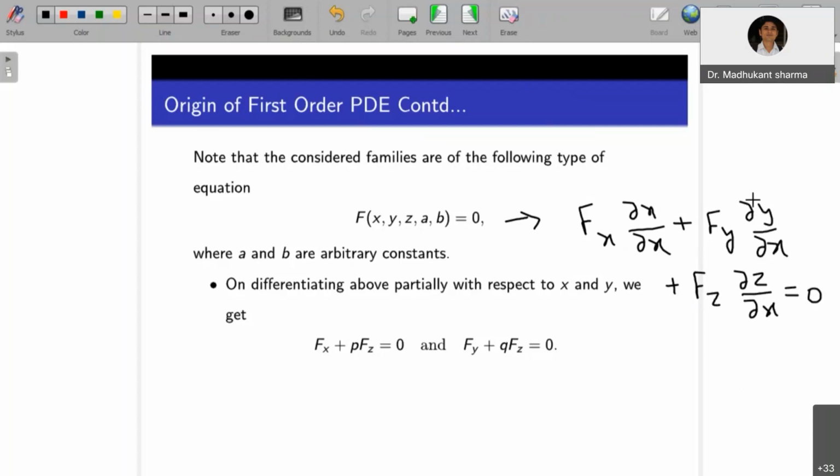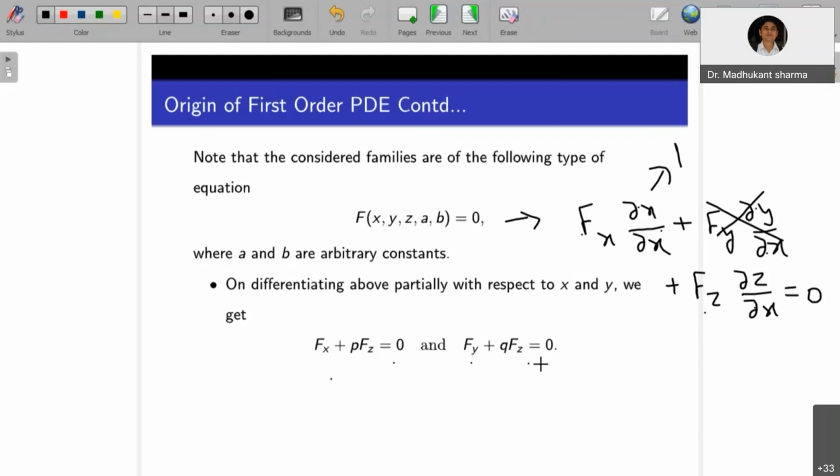Since y is an independent variable, its derivative with respect to x is 0, so this term will not be there. So f_x plus p times f_z equals 0. Similarly, f_y plus q times f_z equals 0.